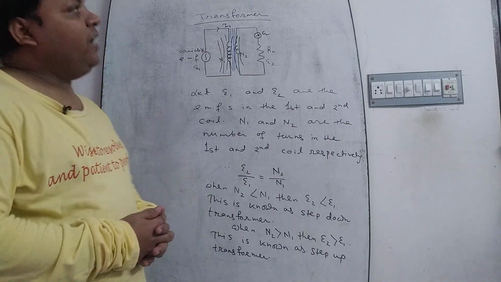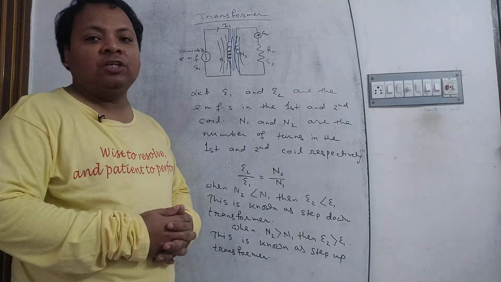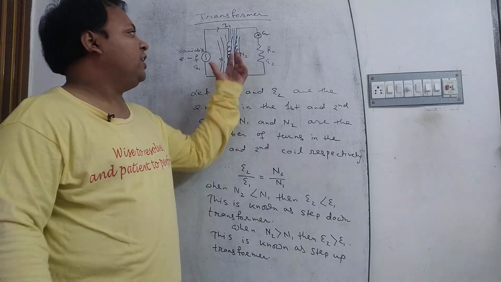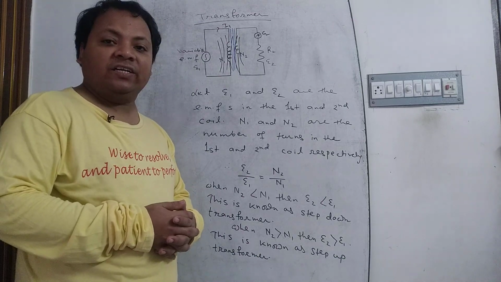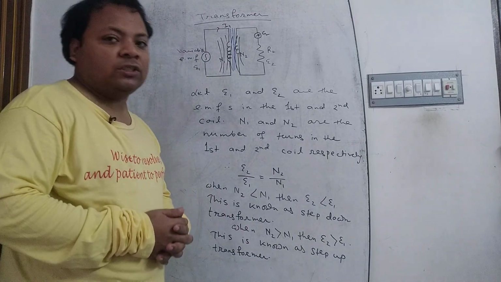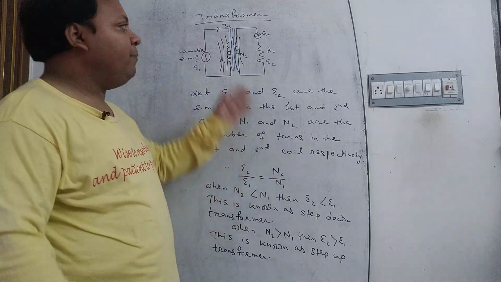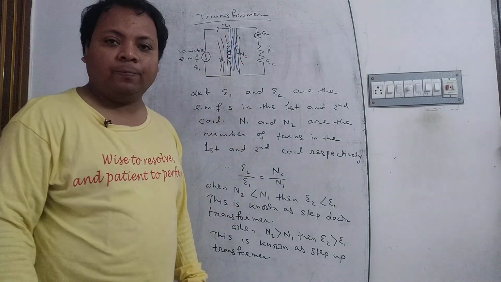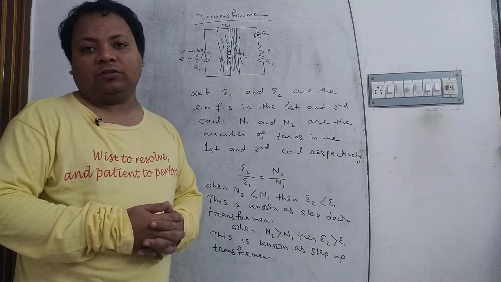Now some energy is lost in the transformer due to some reasons. First, due to the eddy current. To reduce the loss from eddy current, we use a laminated iron core. And second, the hysteresis loss.